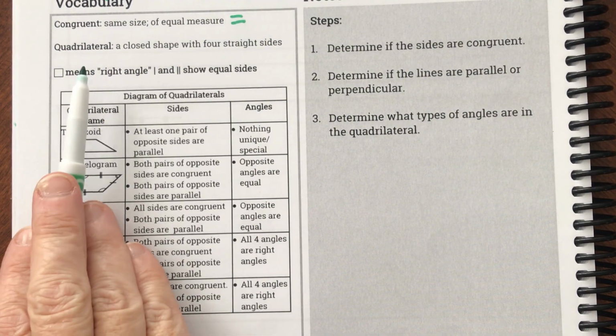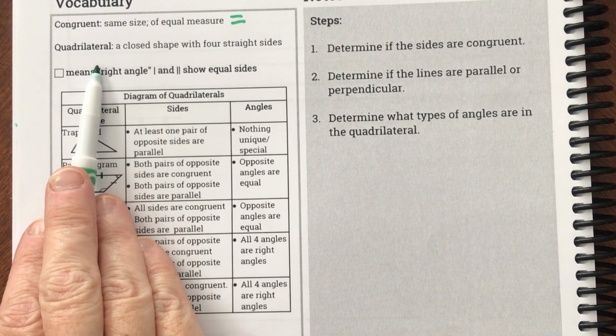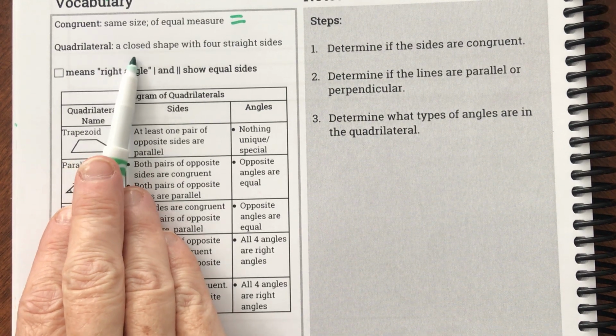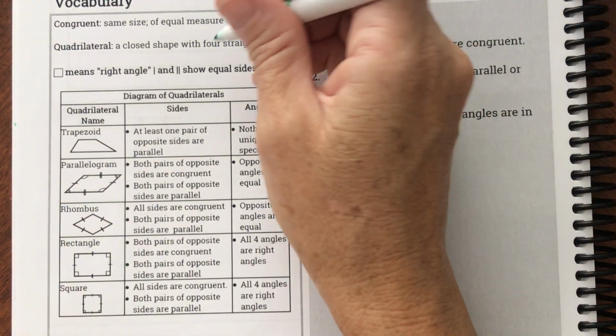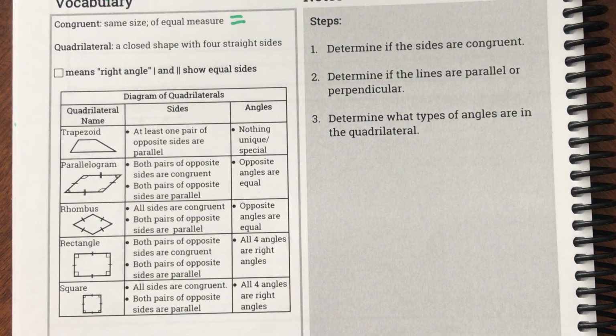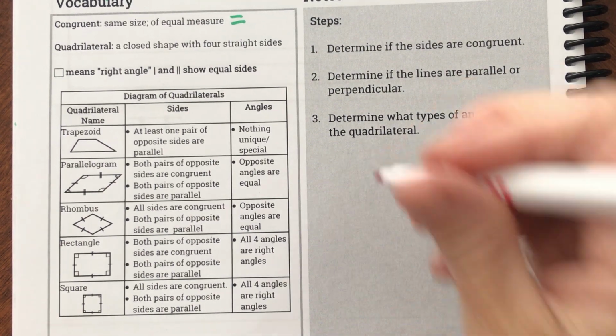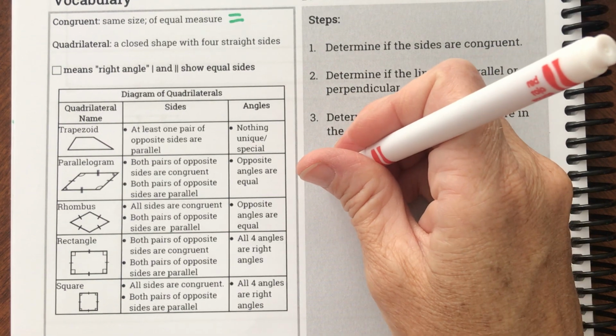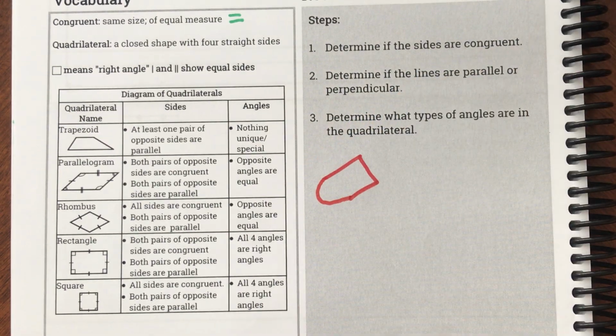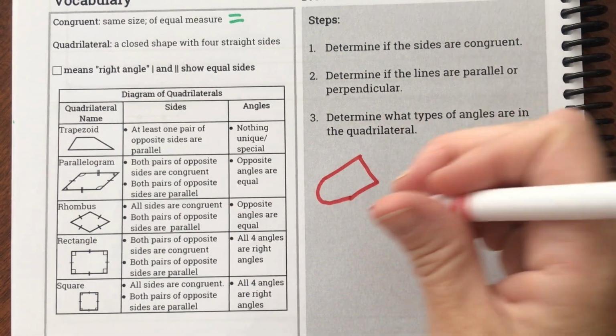Okay, then we have quadrilateral. A quadrilateral is a closed shape with 4 straight sides. When we say straight, we mean something that's not curvy. I'm going to show you an example of what would not be. If I had 1, 2, 3, 4, that would not be, because this is a curved side.